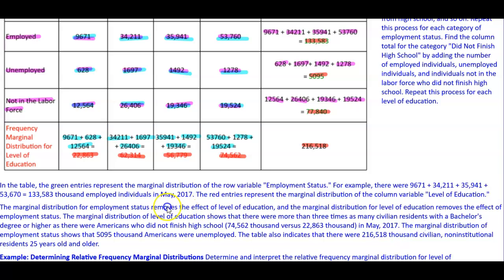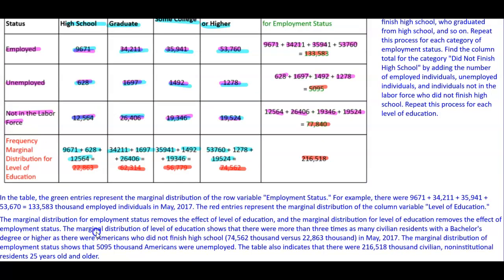Now, the marginal distribution of the employment status shows that 5,095 Americans were unemployed, because this represents unemployed. Now, the table also indicates that there were 216,518 civilian non-institutional residents 25 years or older.